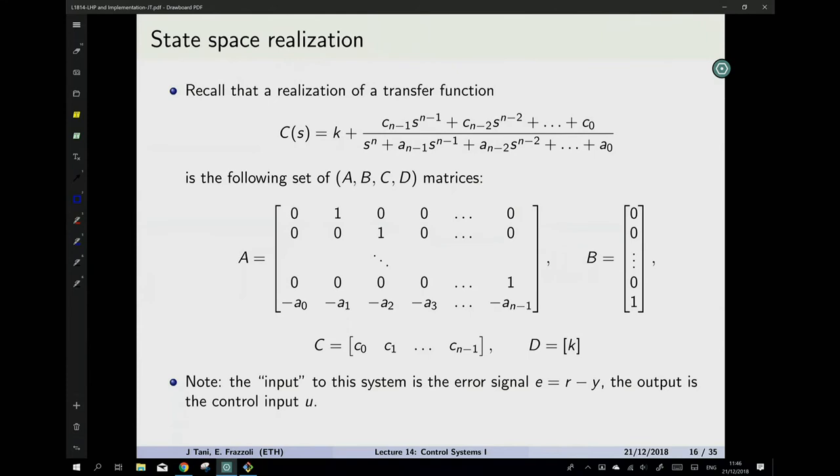A is a matrix that has the dimension of the state space, which is the n at the denominator, the number of poles. B is a bunch of zeros and a 1 at the end. C has the coefficients of the zeros. D is whatever the added term is. Remember, these have to be proper transfer functions, right? So keep this in mind.